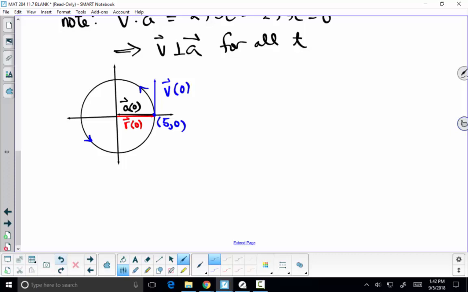Or the more sophisticated way is find the velocity vector and look at which way it's pointing. And that's going to indicate the orientation, as long as the curve is orientable. There are non-orientable curves out there. I thought you said as long as the curve's oriental at first. No, orientable. We're not talking about oriental curves. I don't even know what that means.